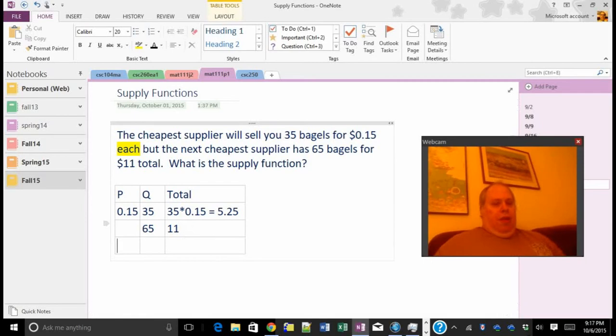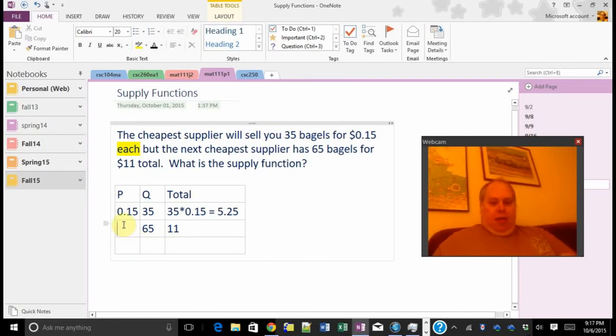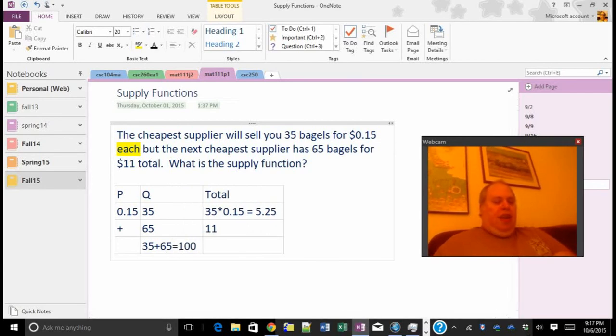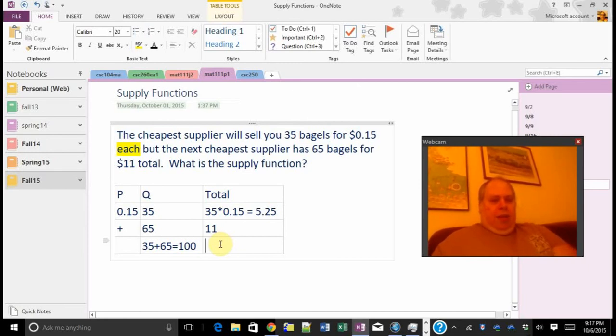So what we're trying to figure out is the price from buying from both suppliers. So what I'm going to do is add 35 plus 65, and that's going to give me 100 bagels total if we buy out both suppliers. Then I take the sum of the two totals.